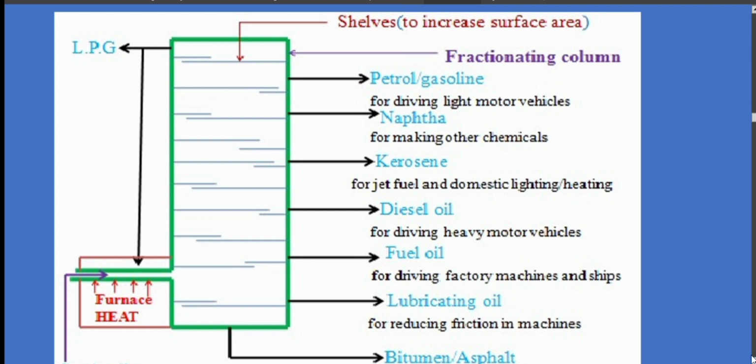Petrol is for driving light motor vehicles, which use petrol or gasoline. Naphtha is used in making other chemicals. Kerosene is for jet fuel and domestic lighting and heating. Diesel is for driving heavy motor vehicles.